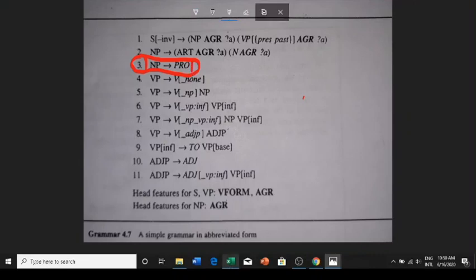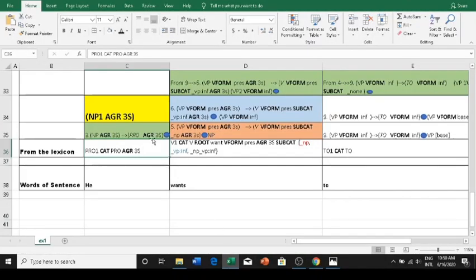So we are going to instantiate those two AGR features with the value we got from the lexicon, which is 3s. So 3s is the AGR value given on the right hand side and left hand side of the production, as they both share it, being mother and head constituent.